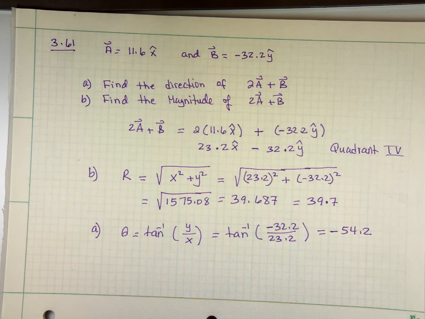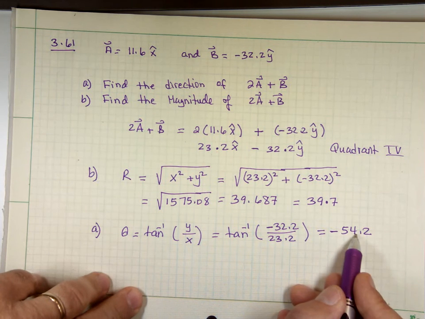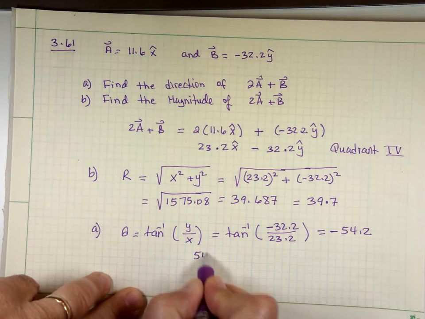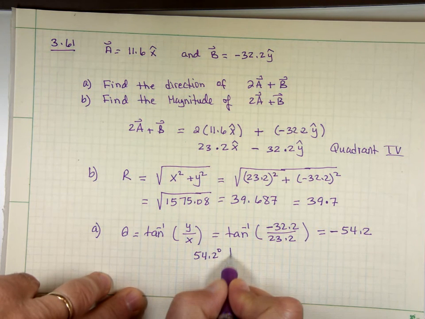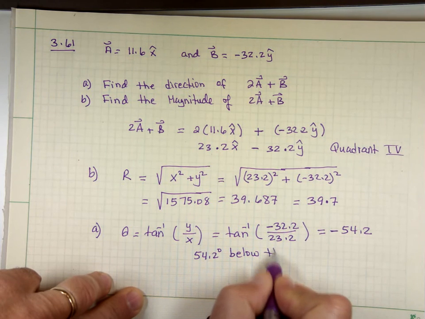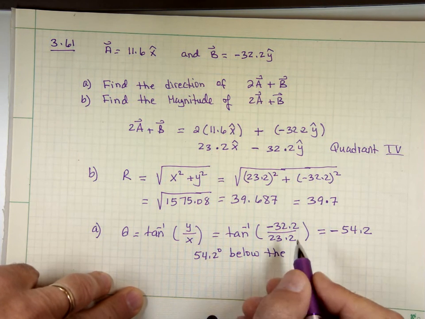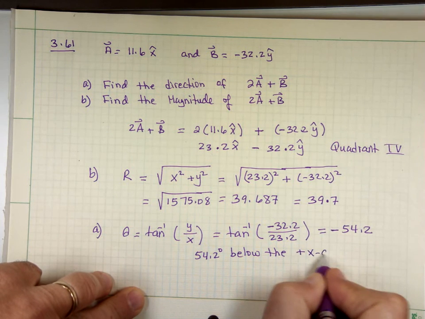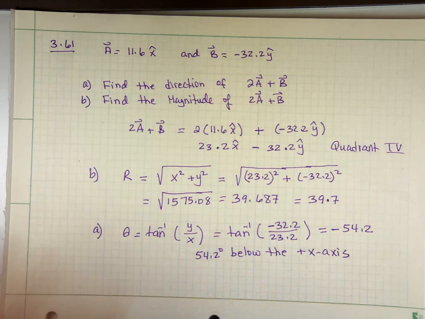So how would you write your answer? You don't say negative 54. You'll say 54.2 degrees below the x-axis. The negative is to indicate it's below that. When you do negative, negative, that becomes positive there. So it's 54.2. They already wrote degrees, and they already wrote the word below for you.